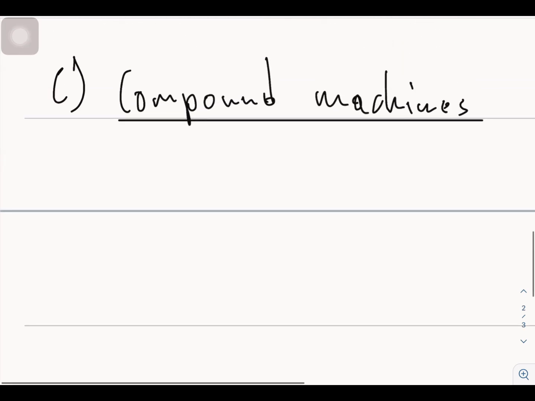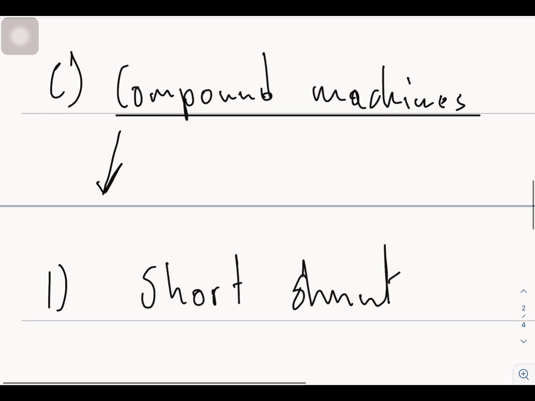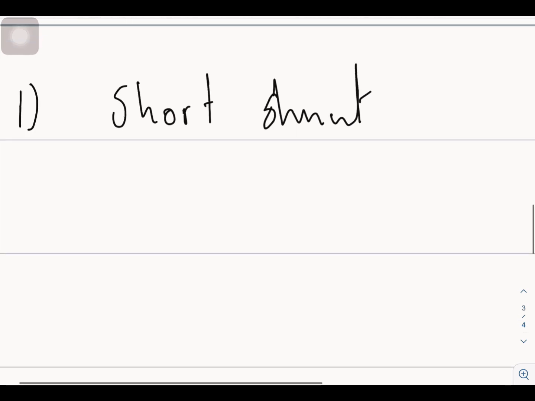The compound machine is subdivided into two. One being short shunt. What does the short shunt mean? I'll show you now, guys.